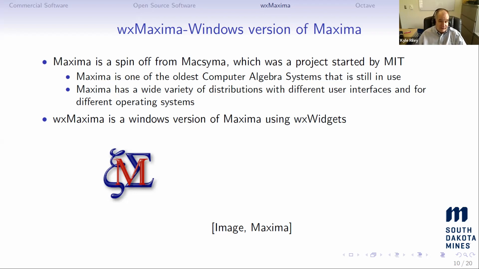That did not work out so well. They were able to then roll it over and turn it into an open source project, and that's where Maxima comes from. So Maxima is a product that's been around for a long time. It's one of the older computer algebra systems out there that's been developed as open source.